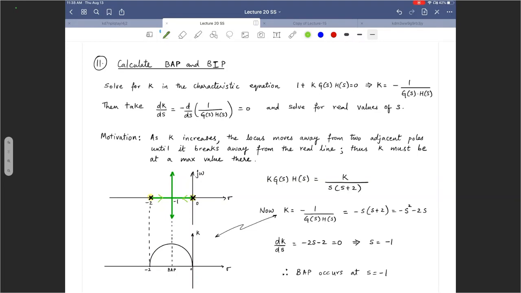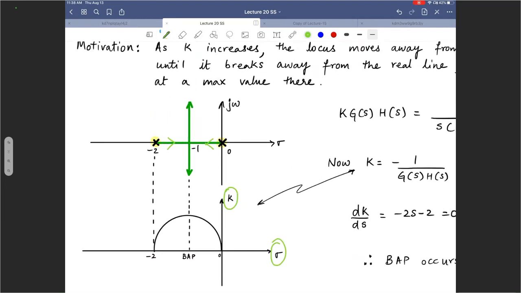But I hope you see that if you sketch k versus the real part of s, which is sigma, what are you doing? For this pole, you are increasing k, right? What is happening to this? The real part of this is becoming more and more negative, and the real part of this is becoming more and more positive, right?